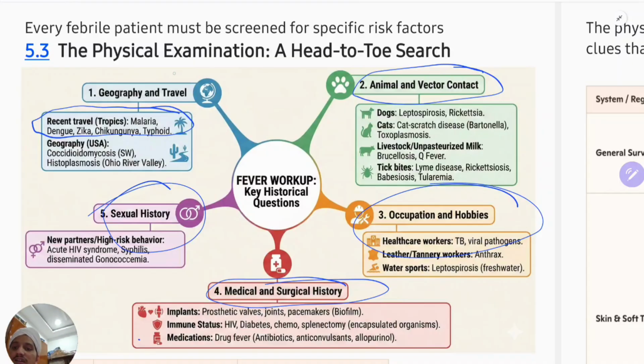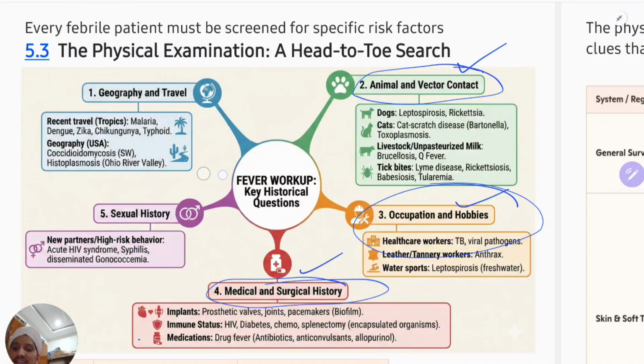What are those five things? Geography and travel, tropical areas, remember tropical areas, then animal and vector contact. Atypical infections are common with animal or vector exposure, and they present atypically, not like a normal infection. Then occupation and hobbies, medical and surgical history, then sexual history. So these are the five things.